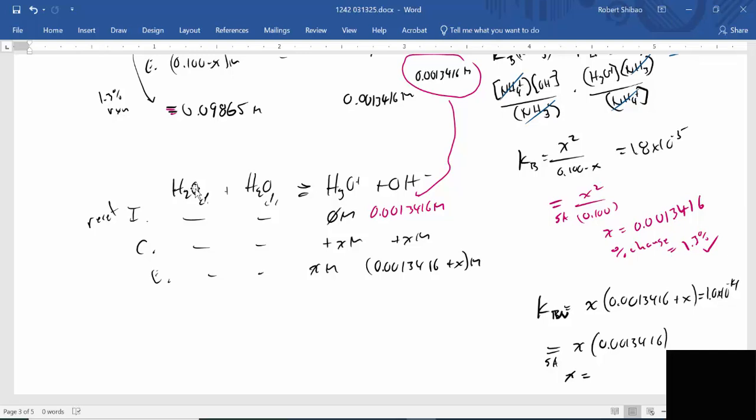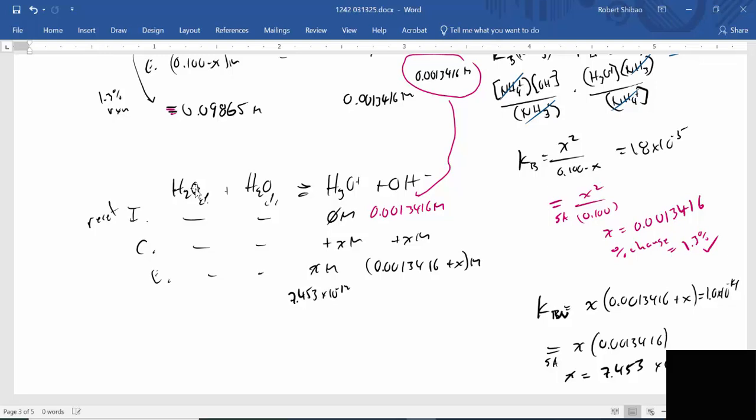I forgot to do something else. But this comes out to 7.453 times 10 to the negative 12. Okay, so the hydronium comes out to 7.453 times 10 to the negative 12.